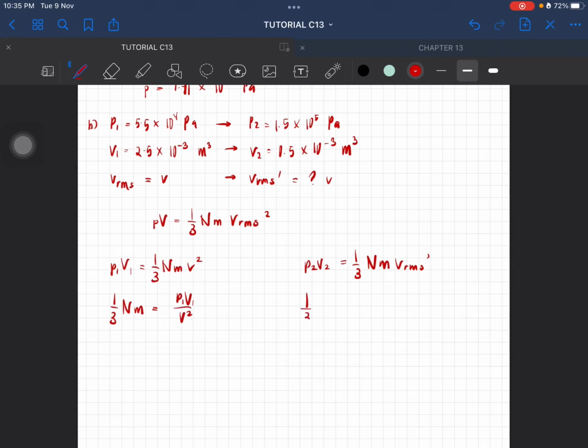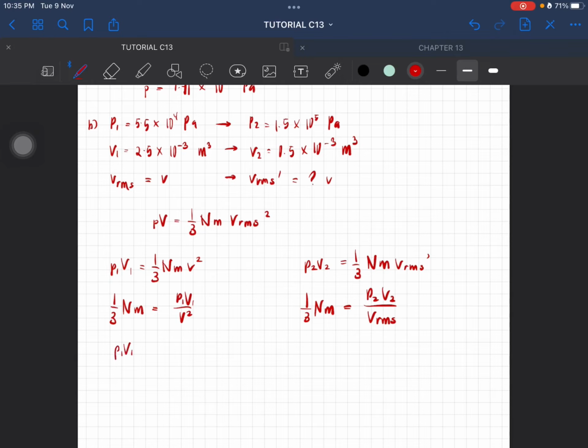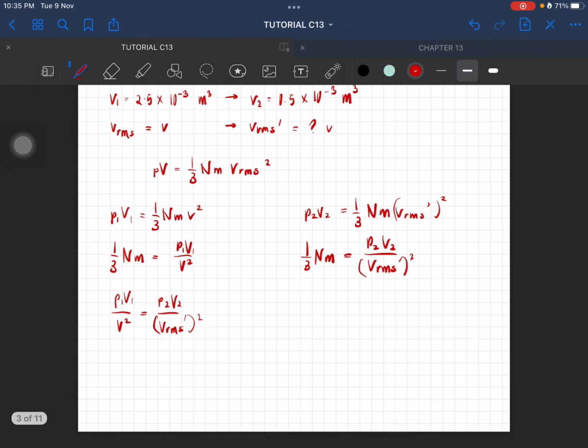Then we have this one, 1 over 3 nm equals P2 V2 over VRMS square. So 1 over 3 nm is the same as 1 over 3 nm here. So if we equate them, we have P1 V1 over V square equal to P2 V2 over VRMS square. Oops, this one has a square. Don't forget. Forgot already.